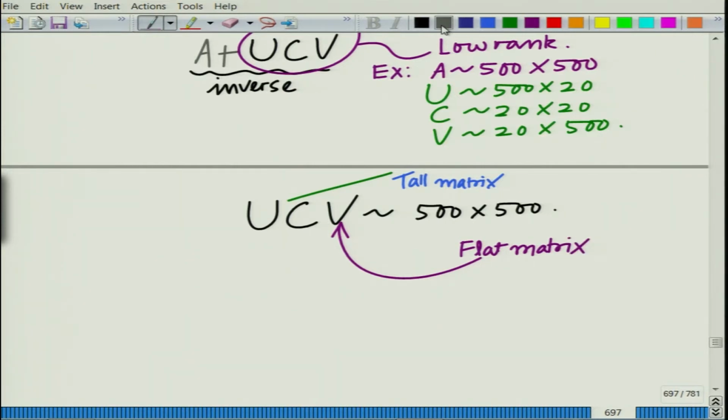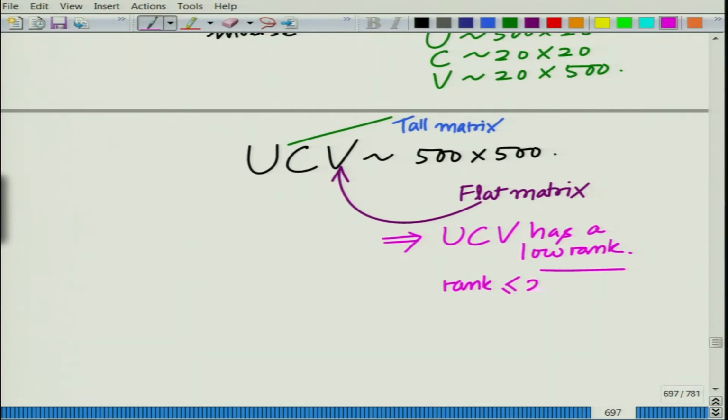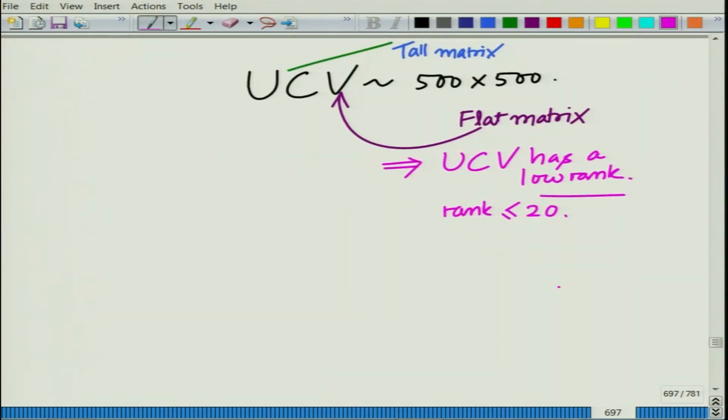Therefore, this implies that UCV has a very low rank. In fact, the rank of UCV is less than or equal to 20.